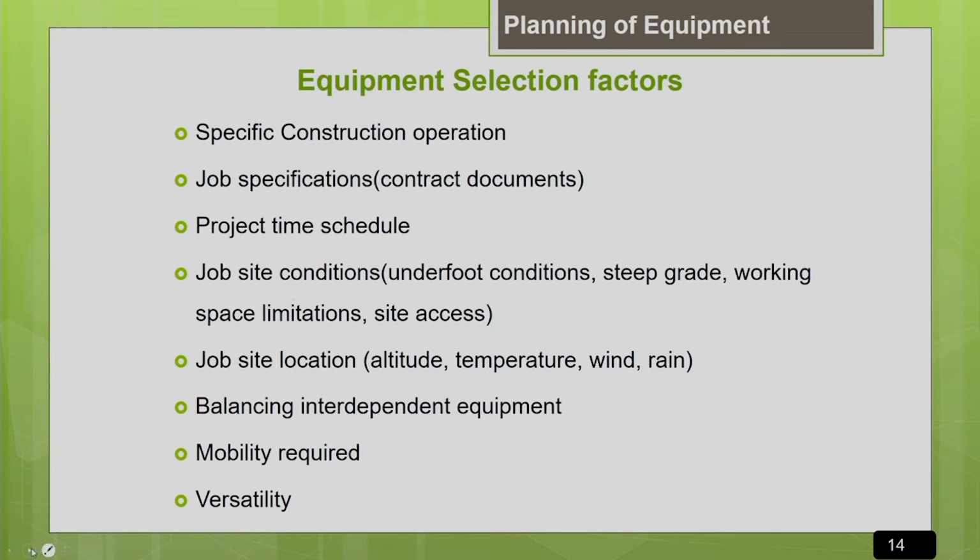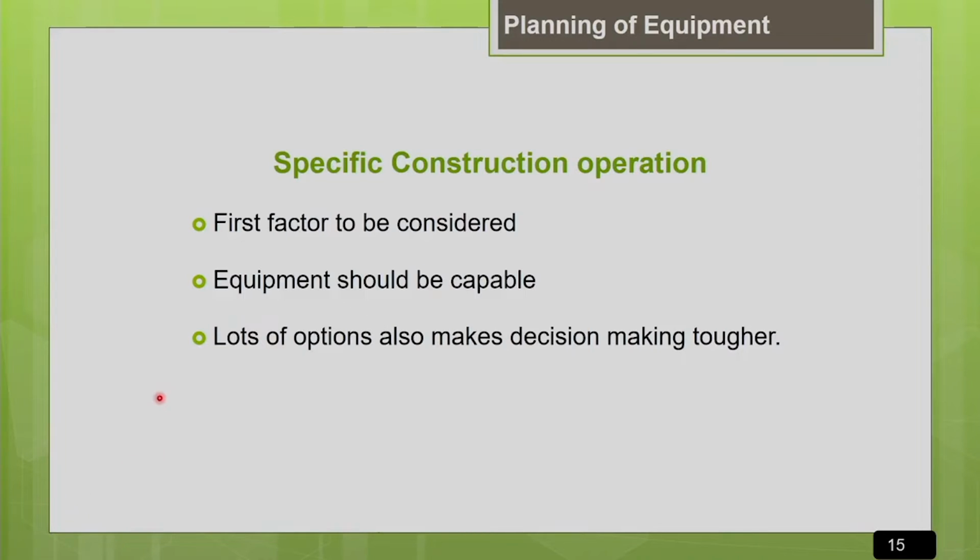Now let us look into all these equipment selection factors one by one. The first selection factor is the specific construction operation. This is the first factor to be considered, and it is a basic factor. Whatever equipment we select should be capable of doing that particular operation. For example, if you want to use equipment for an earth moving operation, it should be capable of doing that operation.